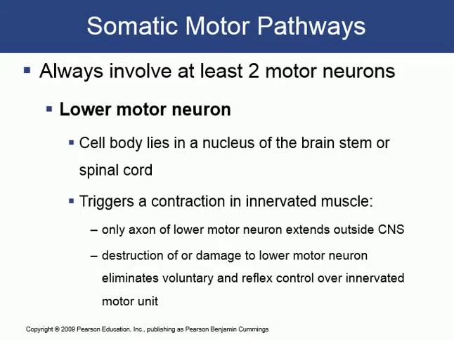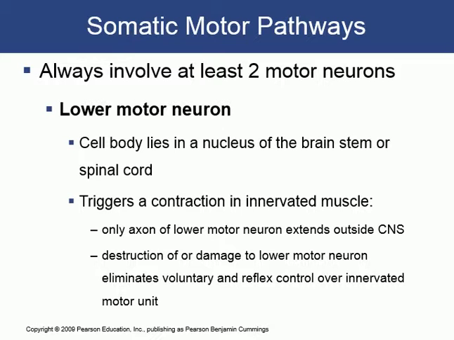So if this is the upper motor neuron, it starts somewhere like in the cortex maybe, in one of the nuclei in the brain, and it will take it either to the brainstem or to the spinal cord, and that's it. This is the first one, to the nuclei in one of these. This is the upper motor. The lower motor will take it from there and leave, go to the muscles, for example.